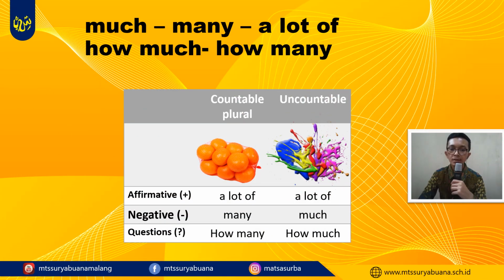Next, this is the summary about much, many, a lot of, how much, and how many. We use a lot of for plural and also uncountable nouns in positive sentences. We use many for countable plural nouns in negative sentences.